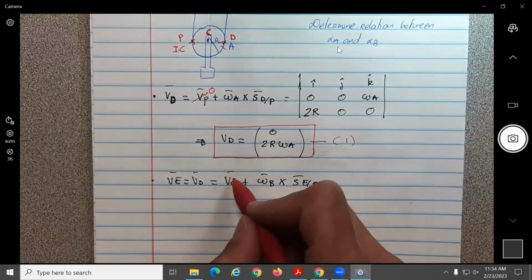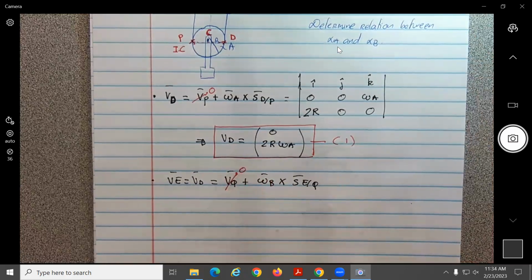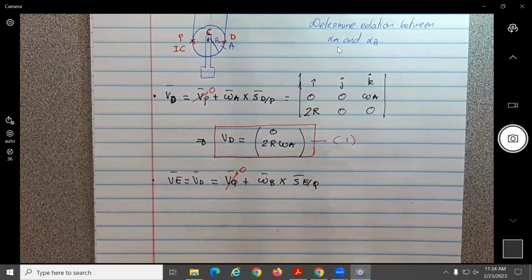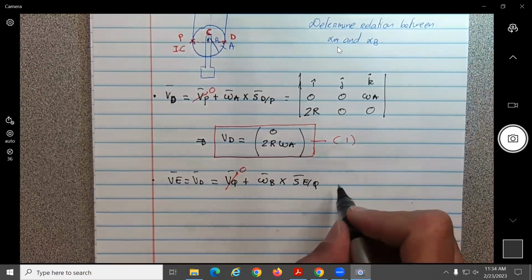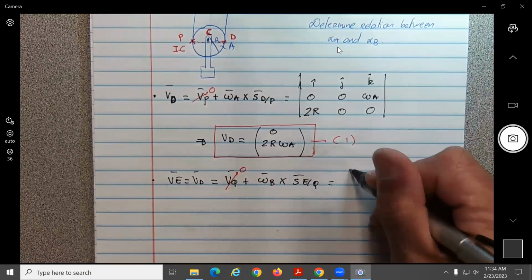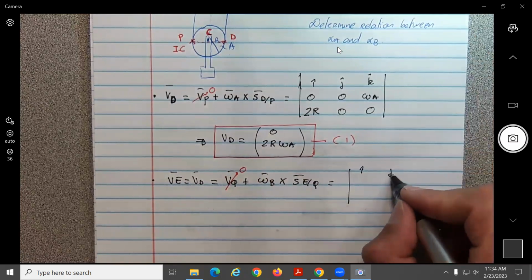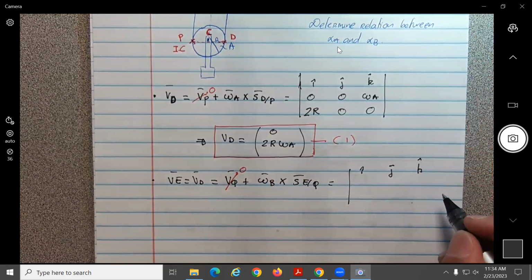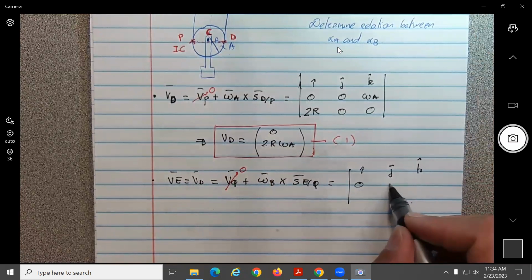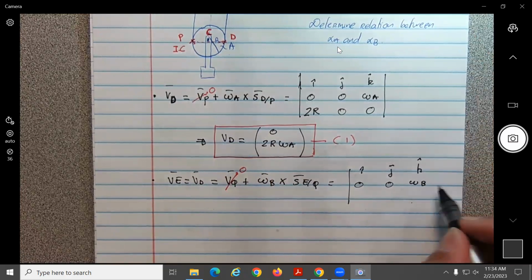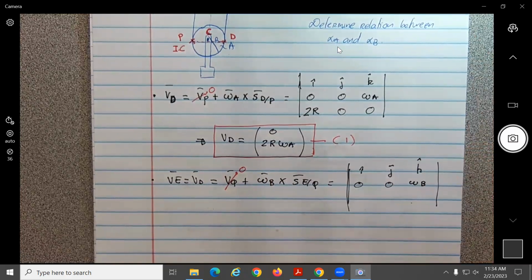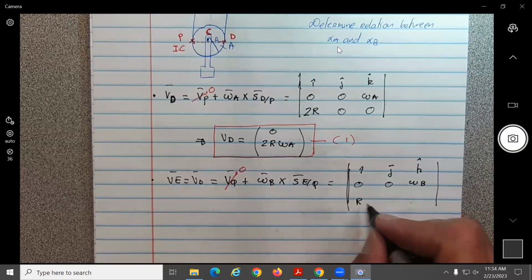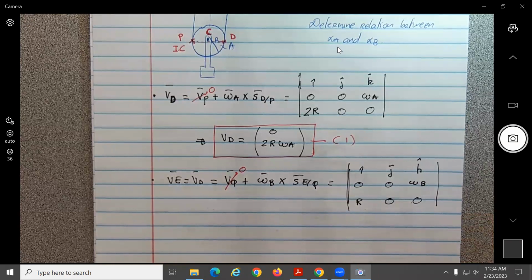What is VQ? 0. So what would you get over here? I, J, K, 0, 0, omega sub B, and the position of E with respect to Q will be R, 0, 0.